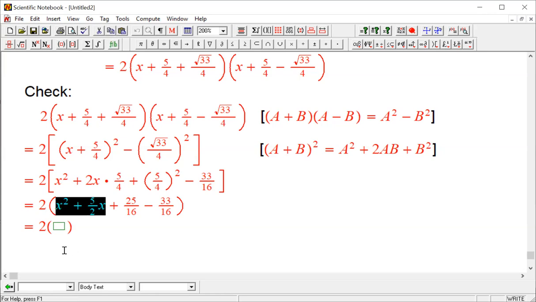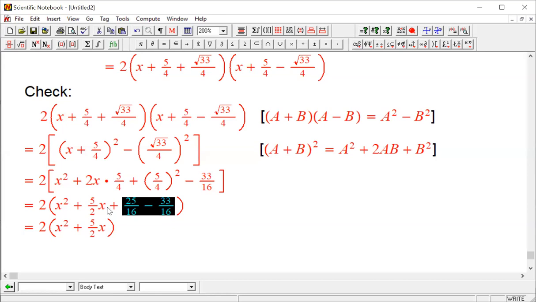The x part doesn't need anything done. We just have to combine these two. We have the same denominator, 16. So positive 25 minus 33, and we end up with minus 8 over 16.